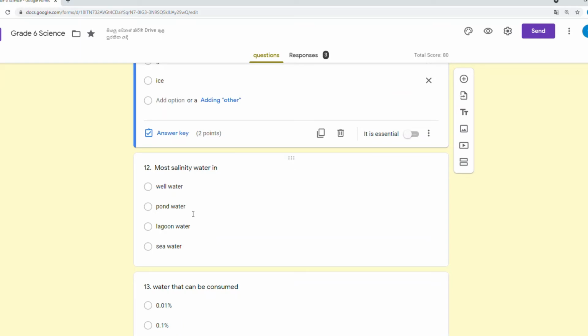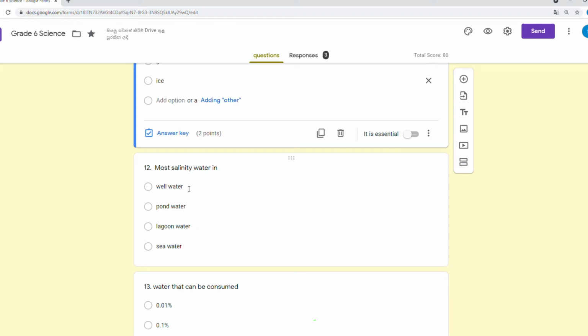Now number 12. More salinity water. Actually, what is salinity? If salt dissolves in water, different salts can easily dissolve in water. Once they dissolve in water, we call that water having a salinity nature. Salinity, a salty taste. If the salt amount is very high, then we call it highly saline water.